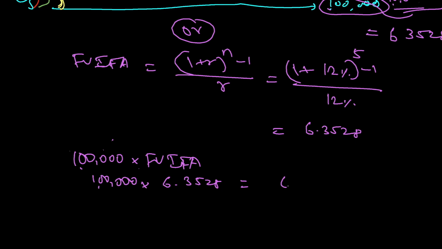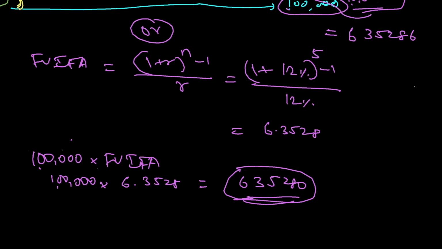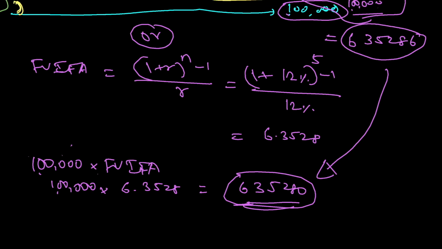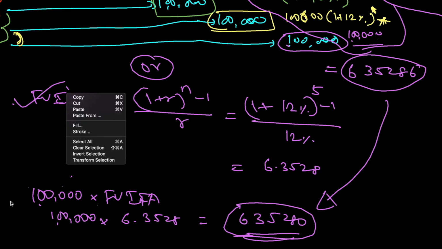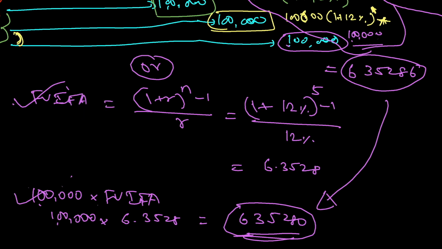If you calculate, this will also give you the same answer. So these two will match. The 6 rupees difference is because of the decimal problem, otherwise it is a match. This is the shortcut method for this kind of sum. Thank you.